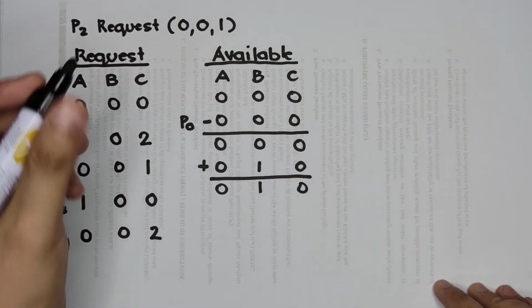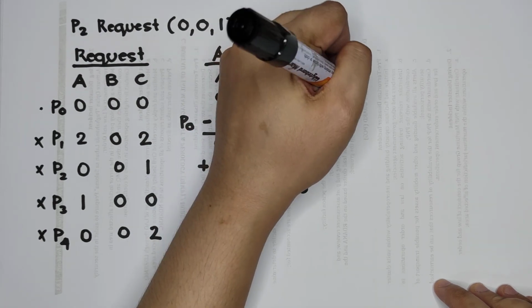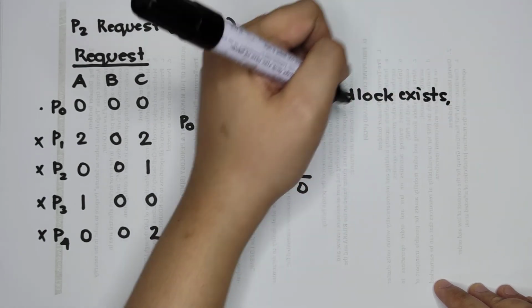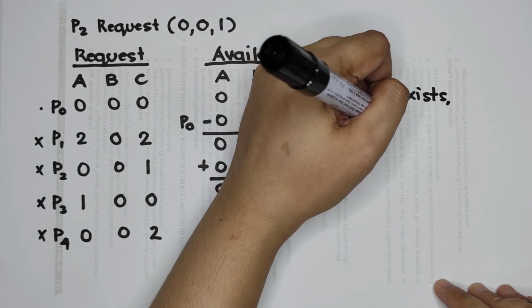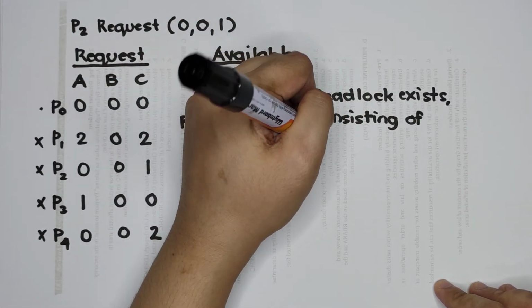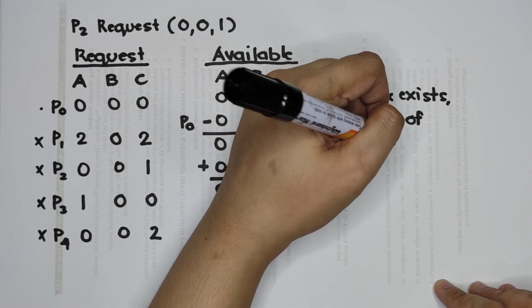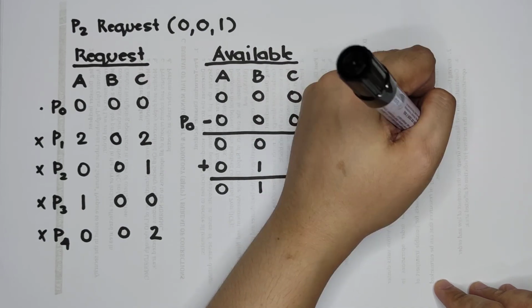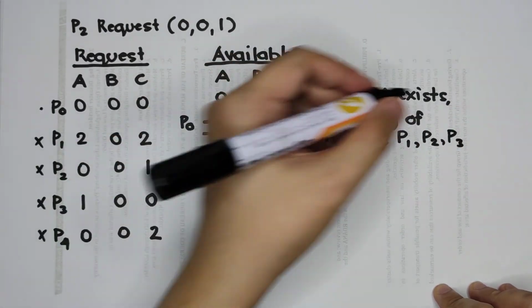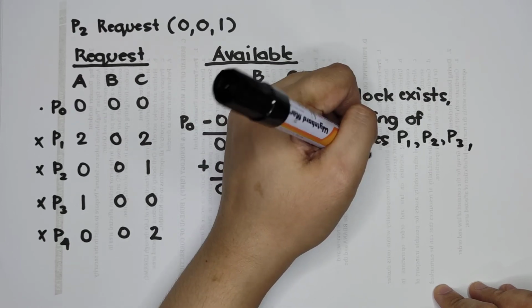We can write the answer: deadlock exists, consisting of processes P sub 1, P sub 2, P sub 3, and P sub 4. Since P sub 0 is the only process that has finished execution, you have to enumerate the processes that did not continue their execution because of lack of resources.